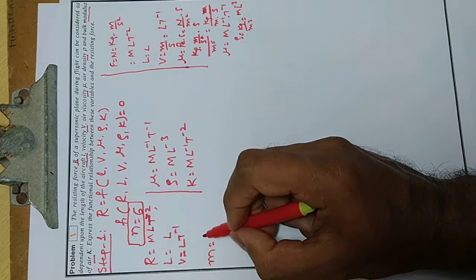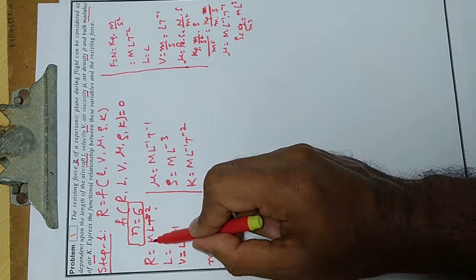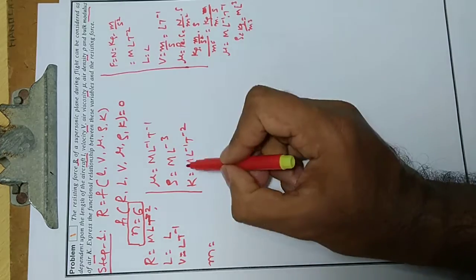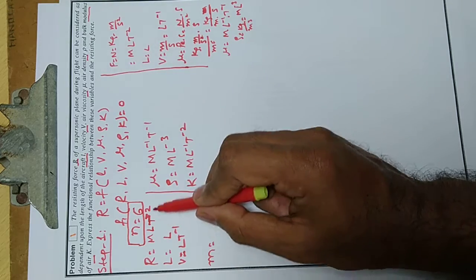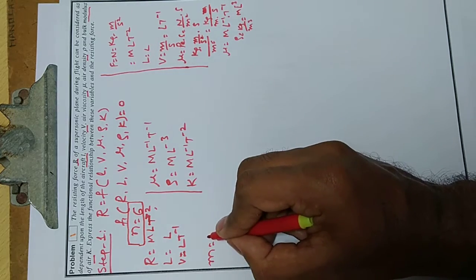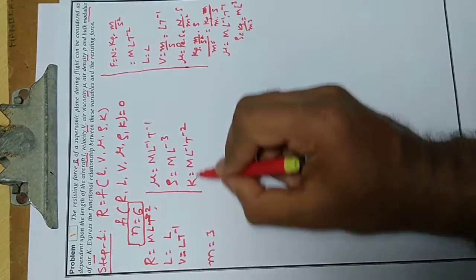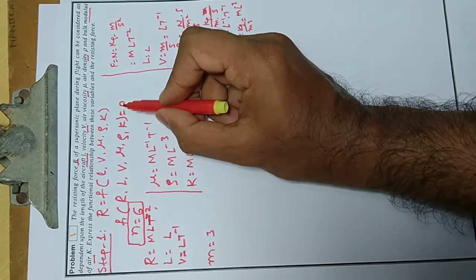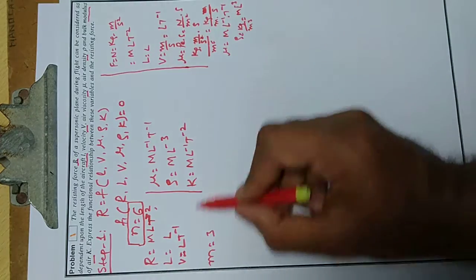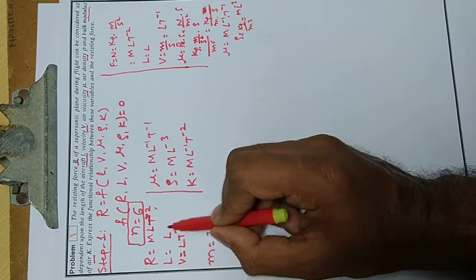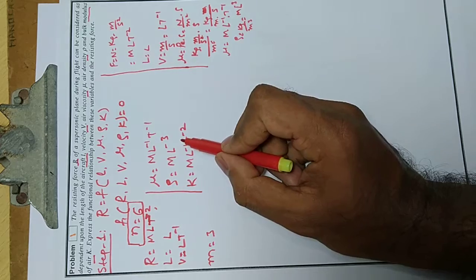How many fundamental dimensions are there? The fundamental dimensions are M, L, T. Mass is there, length is there, time is there. So m becomes 3. You have to write m only after writing the dimensions of all the variables and checking whether all 3 fundamental dimensions are there.